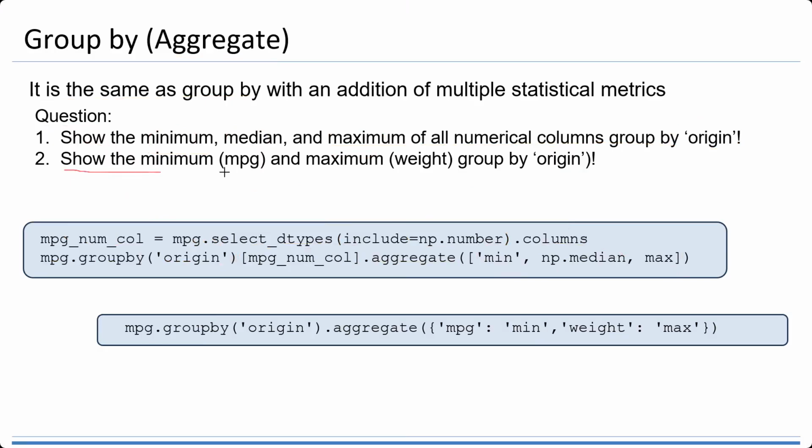The second one, show the minimum of MPG and the maximum of the weight grouped by origin. So show the minimum of the MPG and the maximum of the weight. Okay, so let's see the code.